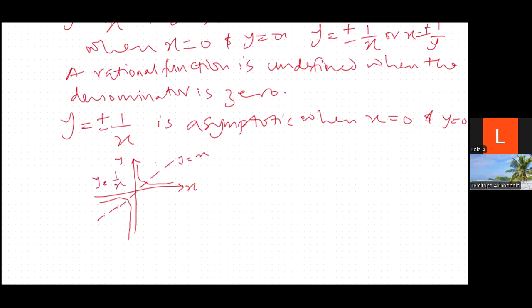That's the graph of y equals 1 over x. Then for the negative, the negative is going to be like this, and that's going to have a negative slope, be symmetrical at y equals minus x. And this is the graph of y equals minus 1 over x. Is that clear?